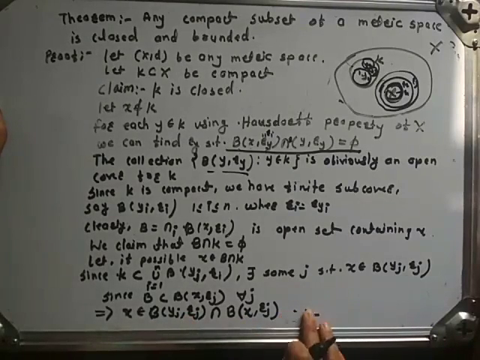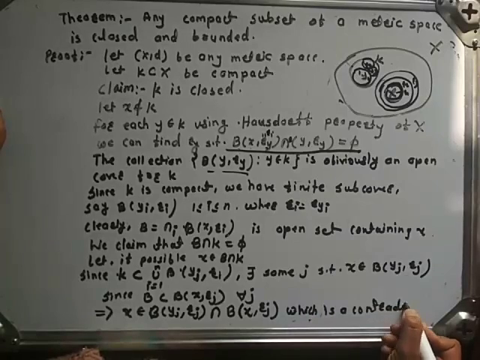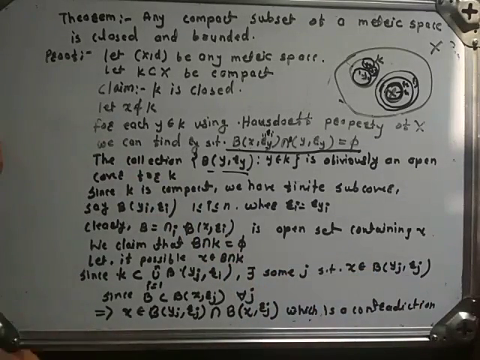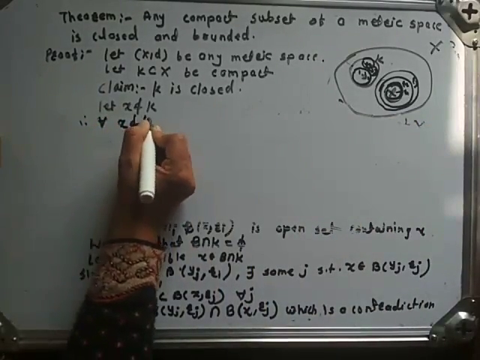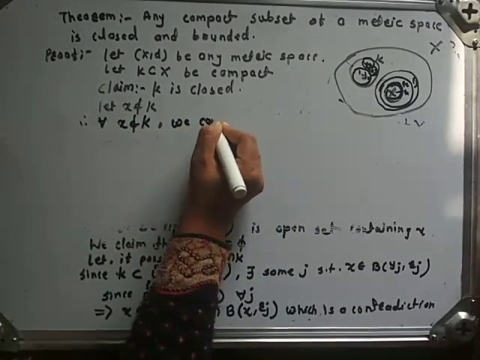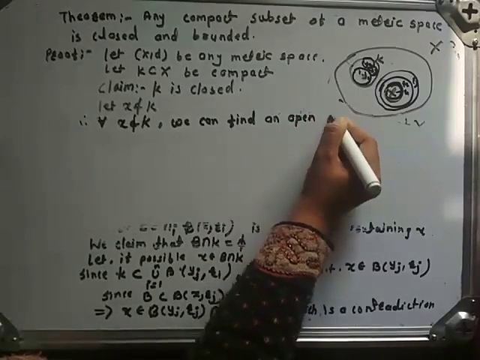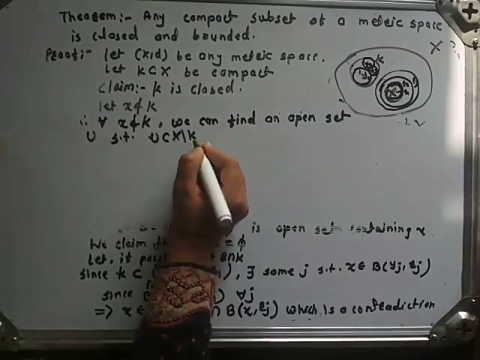Hence, which is a contradiction. Hence our assumption is wrong, so x does not belong to K. Therefore, for all x not belonging to K, we can find an open set U such that U is a subset of X minus K, or K complement.